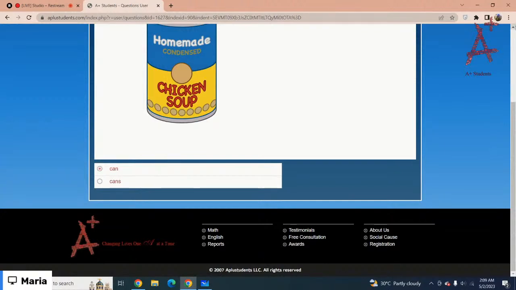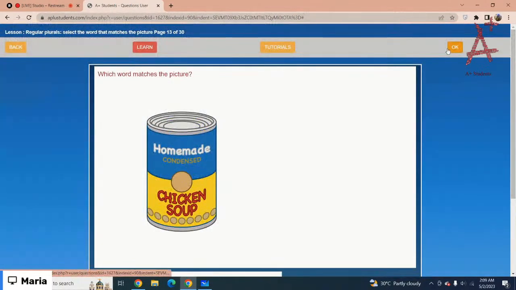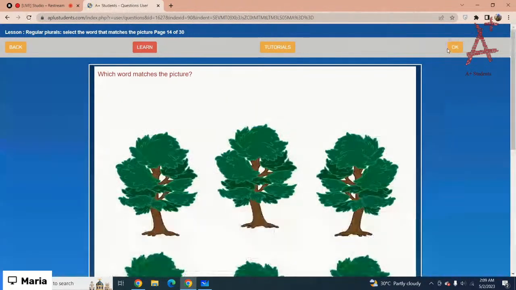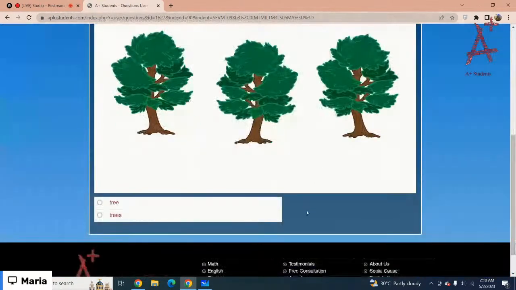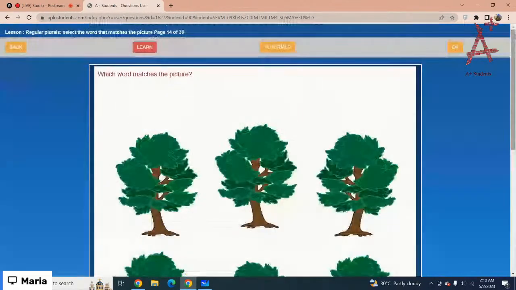A can, we have a single one, so it would be a can, not cans. Which word matches the picture? Tree or trees? Trees, they are more than one.